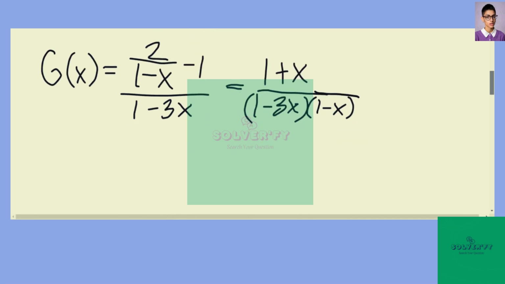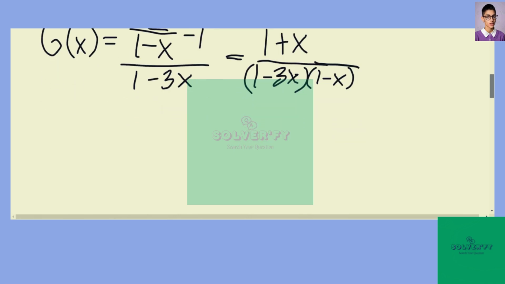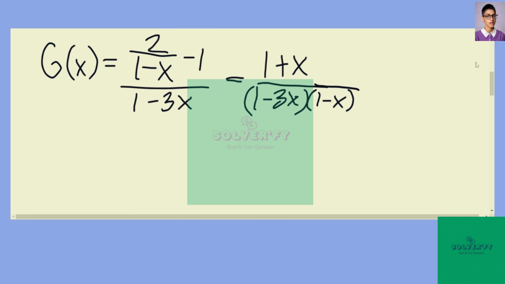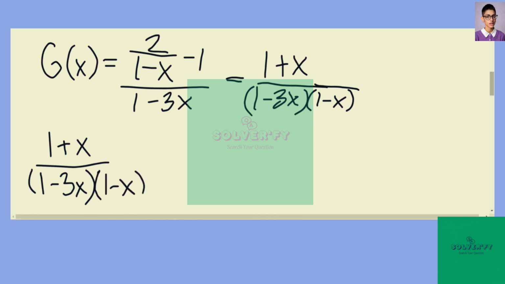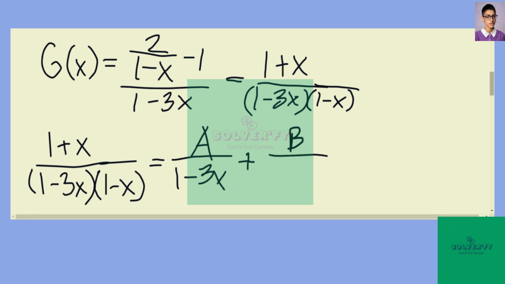And to write this in a form so that we can determine the coefficients of the power series, we'll want to use partial fraction decomposition. So we have that (1 plus x) over (1 minus 3x)(1 minus x) is equal to some coefficient A over 1 minus 3x plus some coefficient B over 1 minus x.